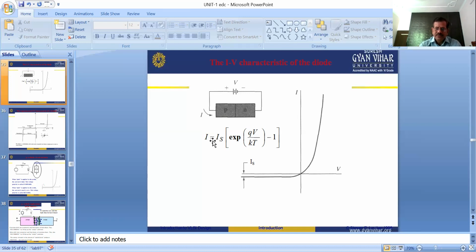Here Q is the electron charge, K is the Boltzmann constant, T is the temperature, room temperature, and V is the voltage applied to the diode. That voltage may be an external voltage. This graph is also called the PN junction diode characteristics graph.